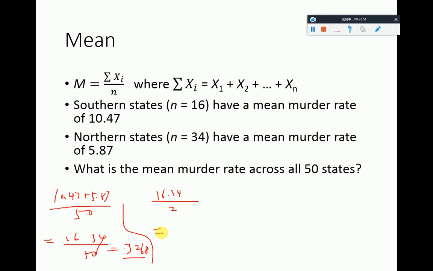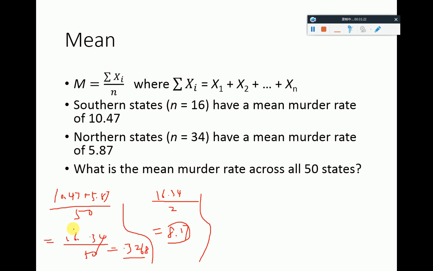And 16.34 divided by 2 gives us 8.17. That looks better than 0.3268. It looks about right. It's a bit lower than southern states and a little bit higher than northern states. That makes sense. Mean or average is at the middle, right?